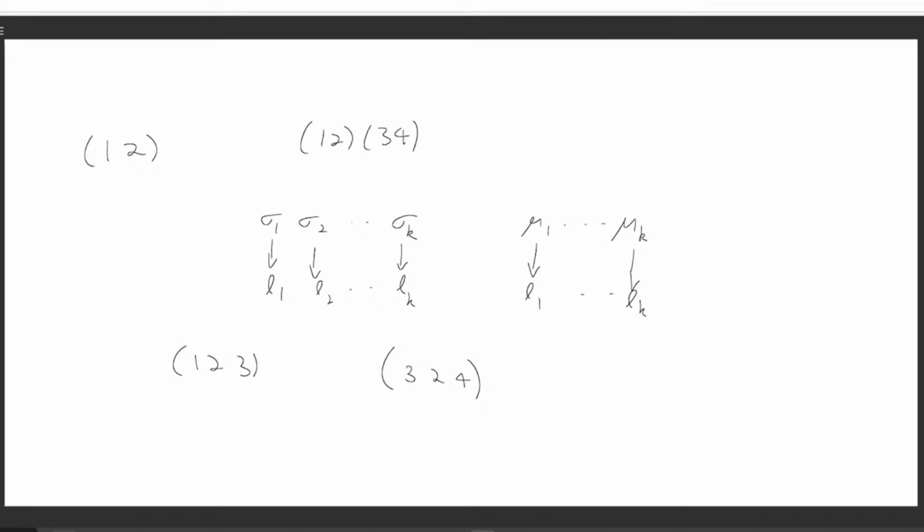What element should I conjugate by? In place of 1 I need 3. In place of 2 I need 2 only. In place of 3 I need 4. So just write that down: 1 goes to 3, 2 goes to 2, so don't write it, 3 goes to 4.